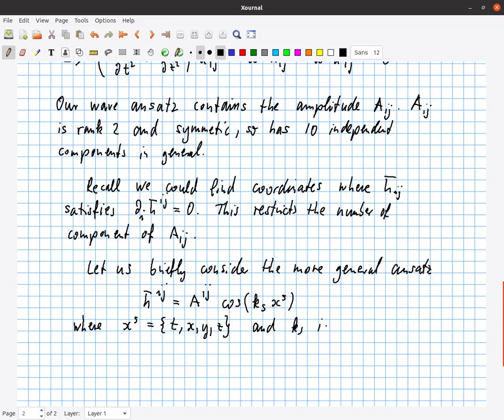And k s is a wave vector, or wave covector, or contravariant vector, which we assume to be constant.